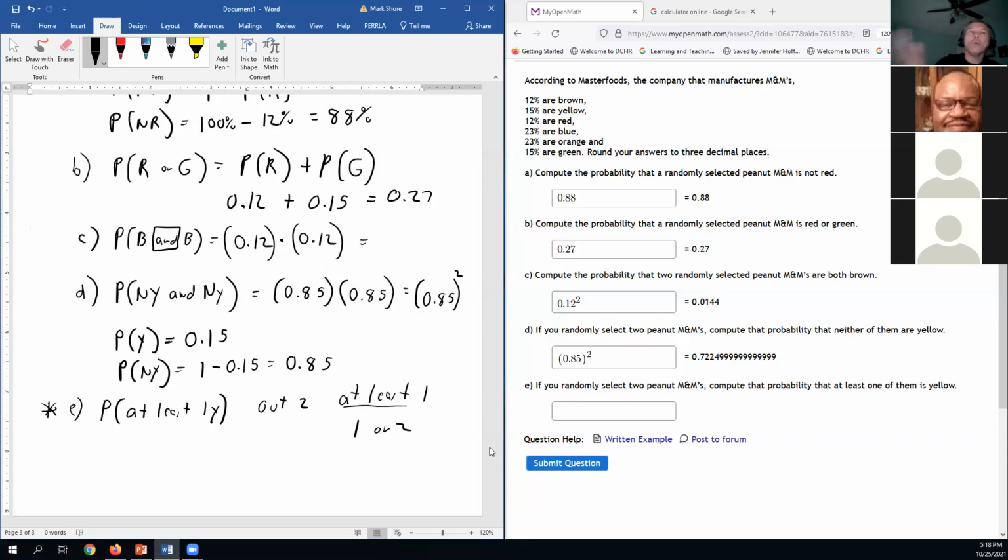So when you see something like at least 1, it means this: we know that means 1 or more, but here's what it also means: all but none.